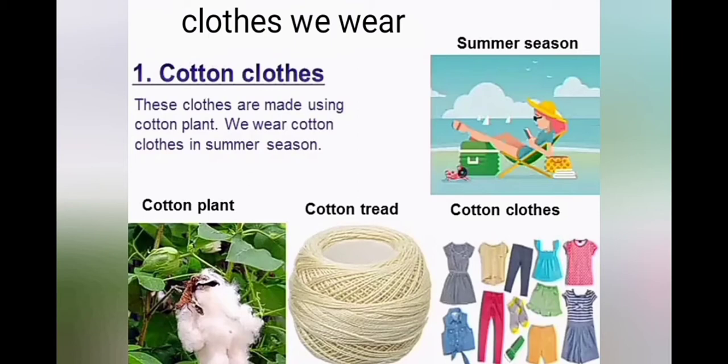We wear cotton clothes in the summer season. These clothes are made from cotton plants. You can see the example of a cotton plant here, cotton thread, and cotton clothes.